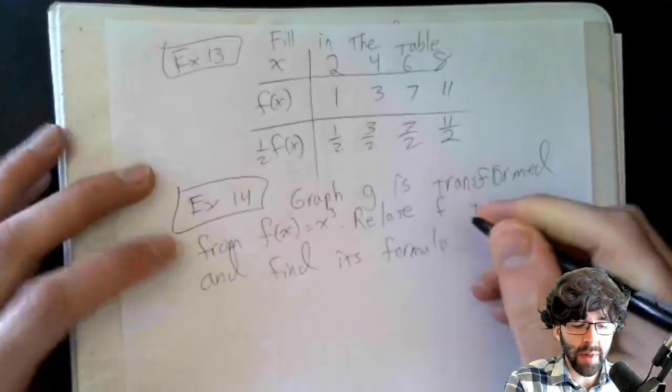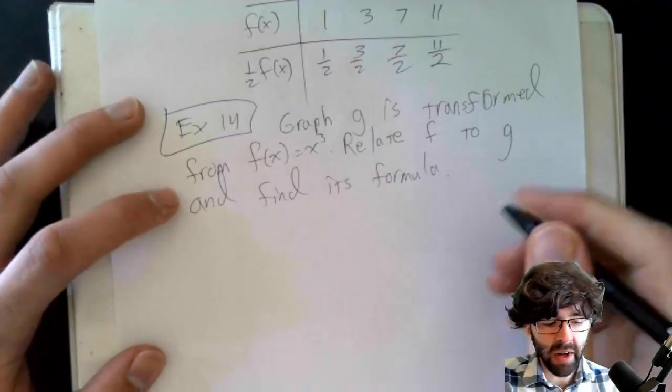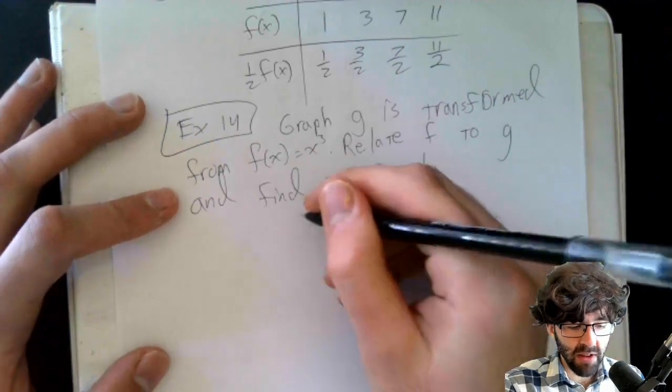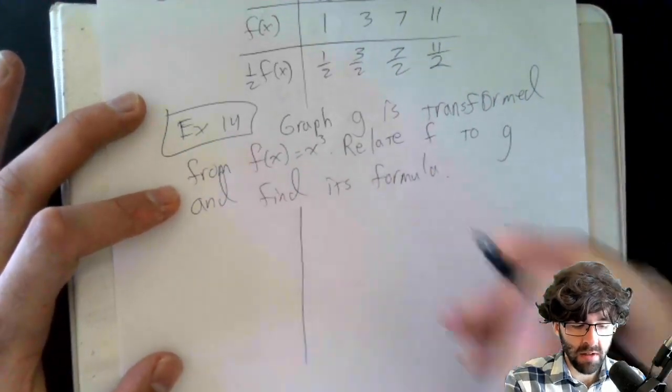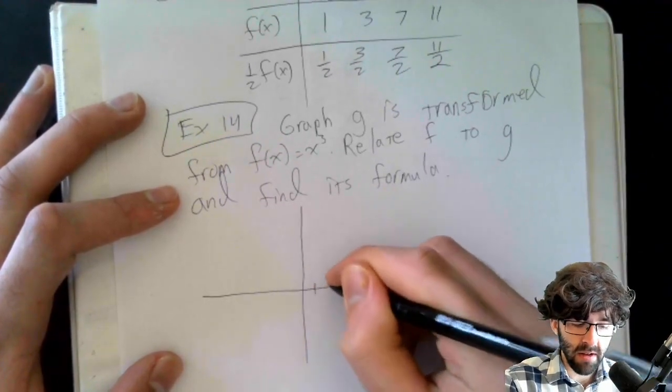So again, g is going to be given to you. And the question is, you need to find out what's going on. What function transformations are happening to this g? And I will give you the graph. Okay?